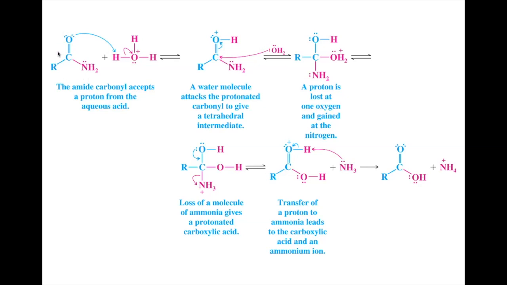Amides, remember, are weakly reactive towards nucleophilic attack. So again, we typically need to use an acid catalyst to make this carbonyl carbon more electrophilic. Diba? Then it will be attacked by a nucleophile such as water.